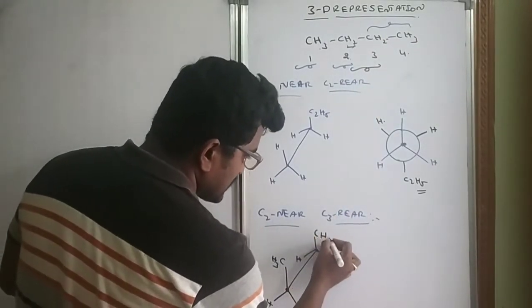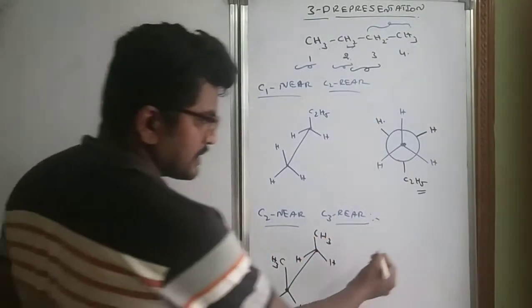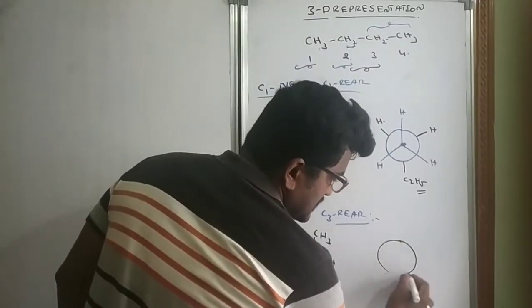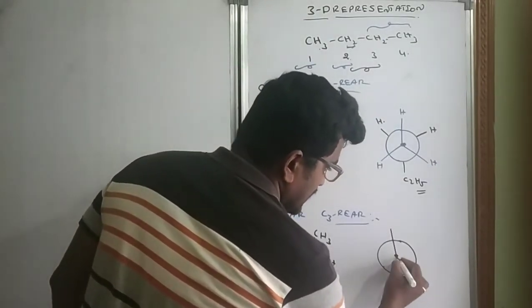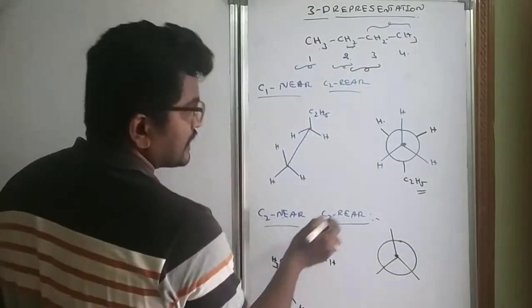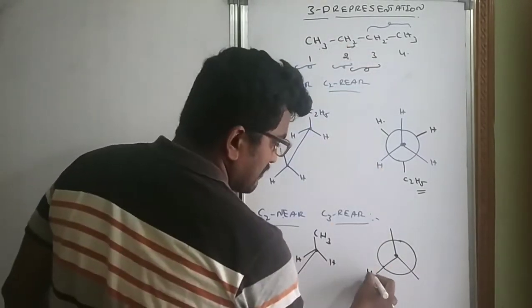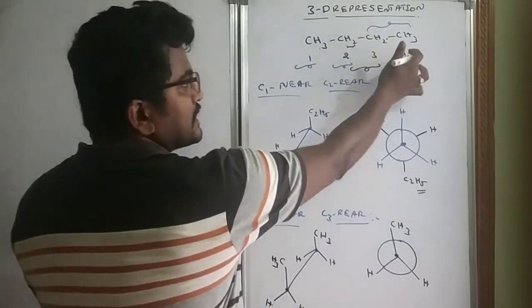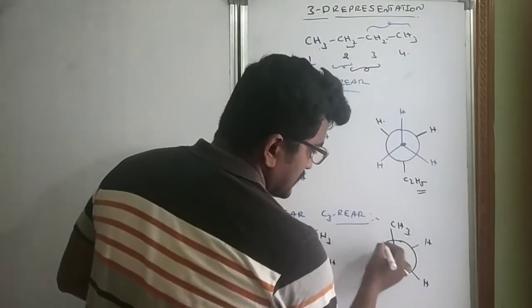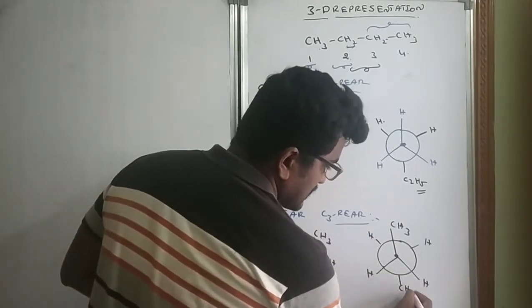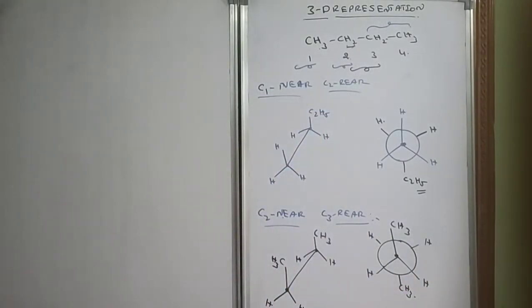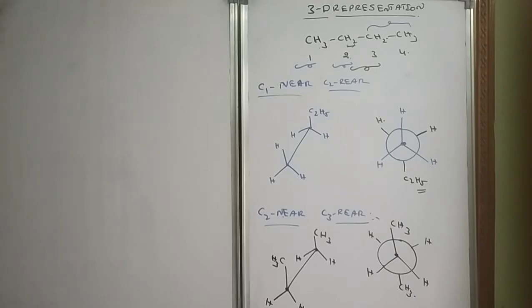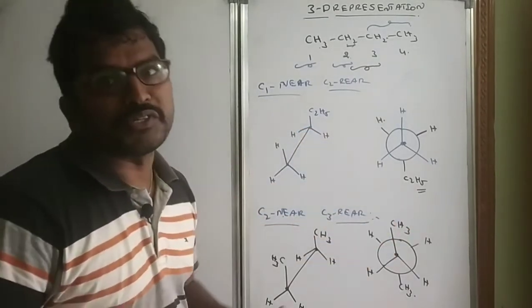H, H, CH3. Finished. In this case, this is the rear carbon and this is the near carbon. C2 is near, which means it has 2 hydrogens and 1 methyl group. C3 is rear, so hydrogen, hydrogen and then CH3. Finished. Like this, you can easily write these Newman projections using this theory, that is, 3-dimensional representation.